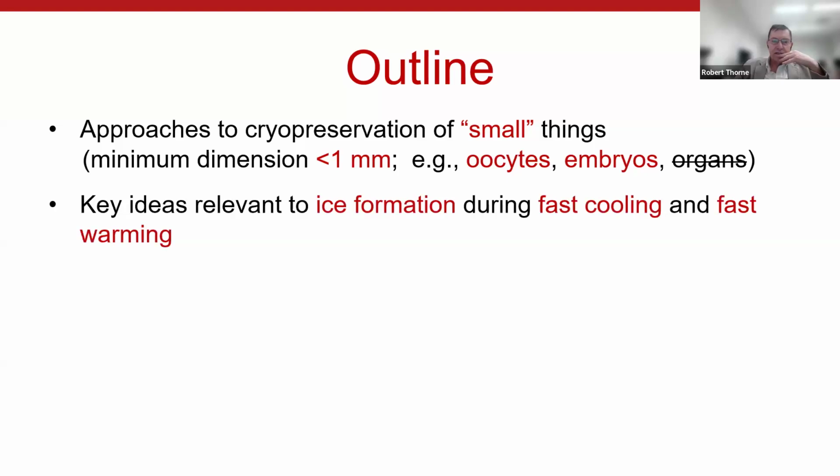So I'm going to talk about key ideas relevant to ice formation in the regimes of cooling and warming that you can achieve when you have very small samples. So what happens when you cool very fast and warm very fast? That's quite different than what happens when you cool at more gradual rates.